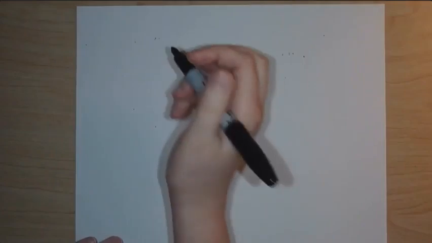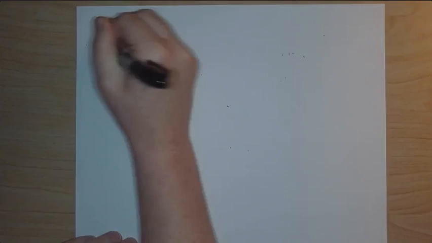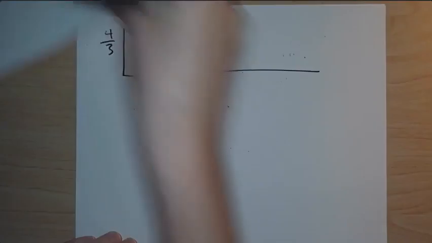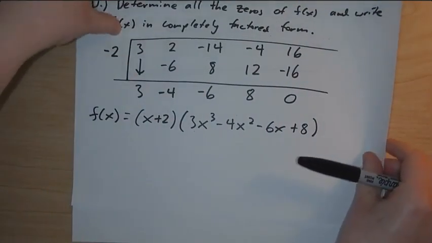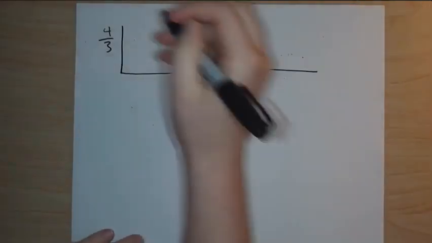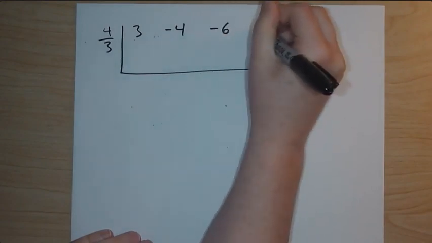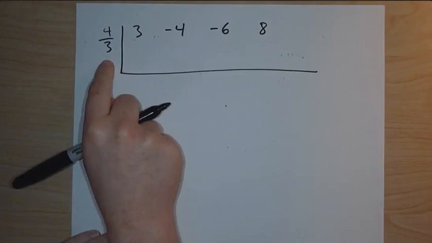So doing that here, I'm going to write what our polynomial was. And what was left here, this polynomial here, we have 3, -4, -6, and 8 as our coefficients. We're going to divide out 4/3.